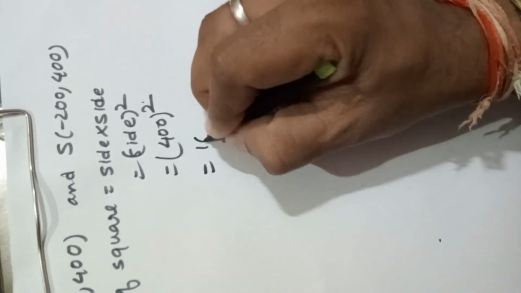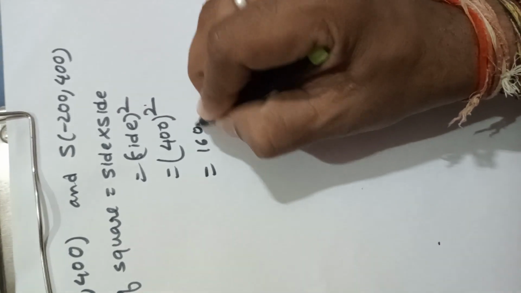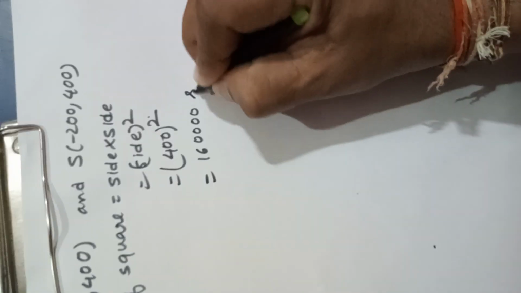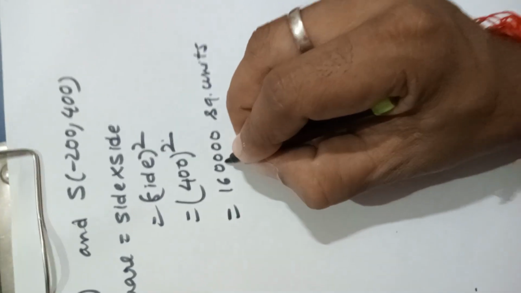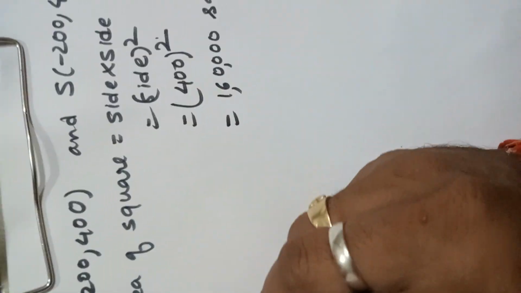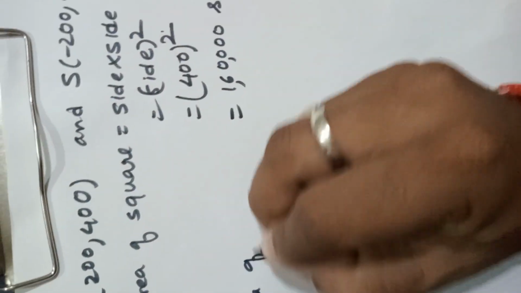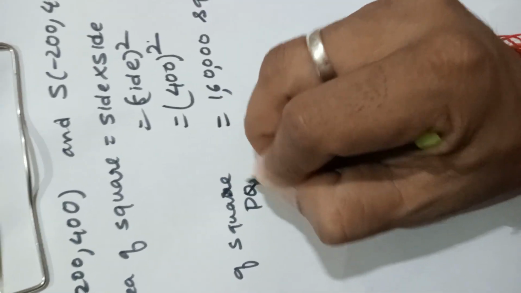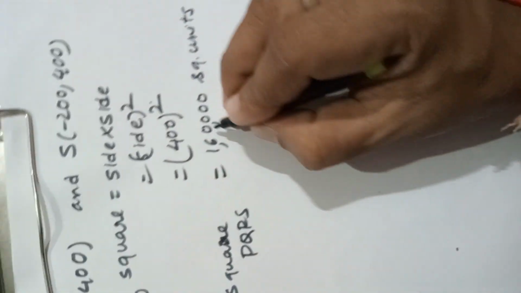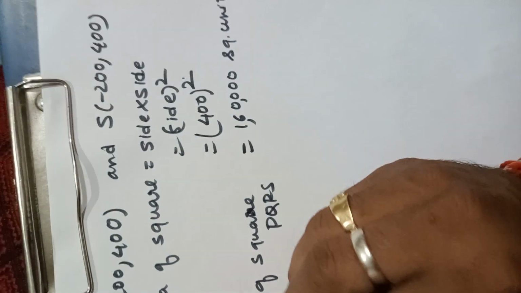So 400 squared will be 16 followed by 4 zeros, so many square units. This is the area of the square. Area of square PQRS will be equal to 1,60,000 square units.